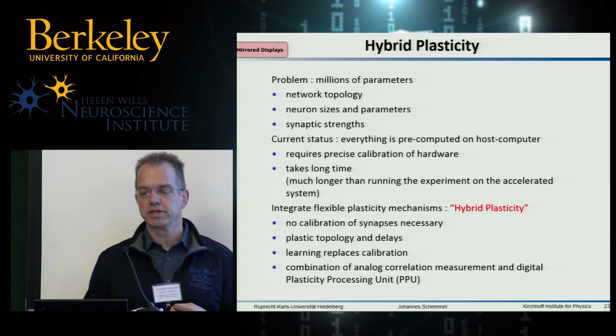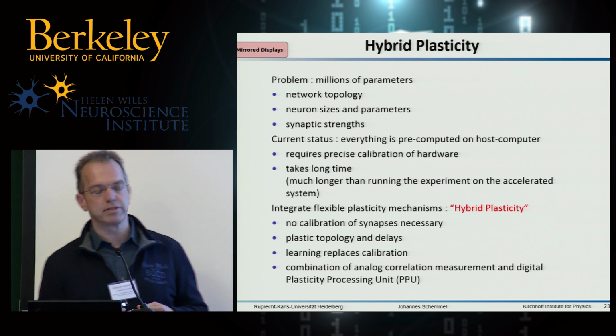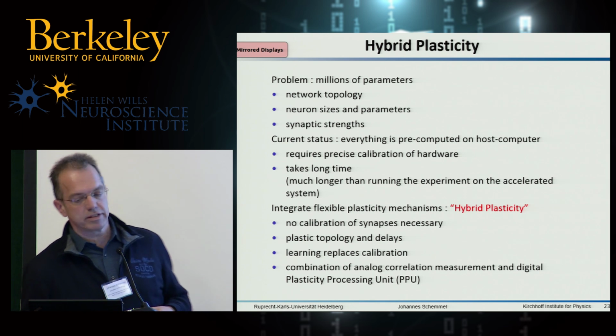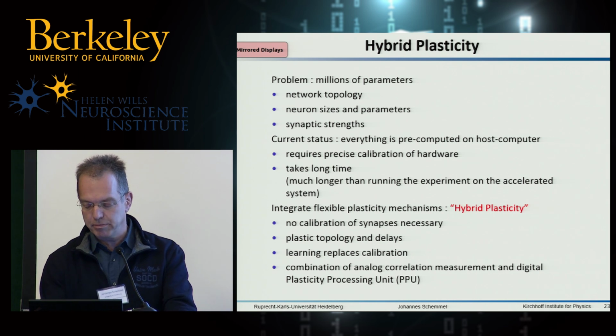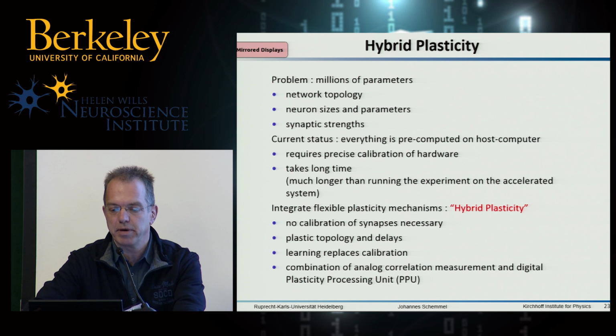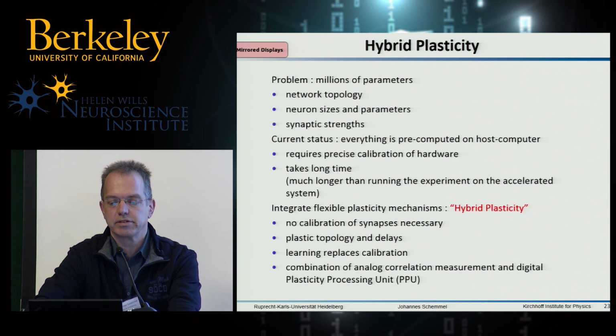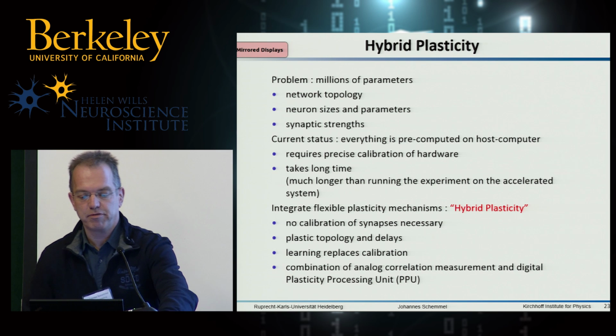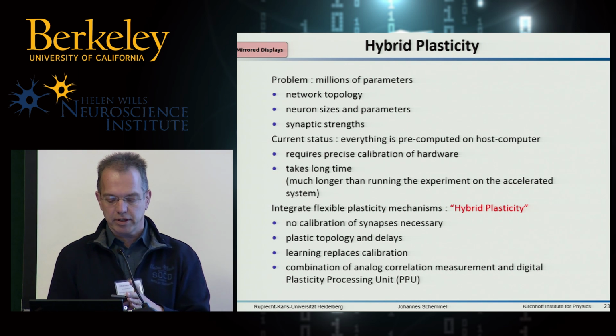So we have to do something more to solve this problem, and we called it hardware hybrid plasticity. This is an enhanced way to do spike time dependent plasticity, which will relieve us from the need to calibrate all the synapses. We will have plastic topology and also delays.